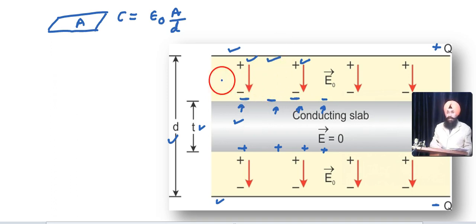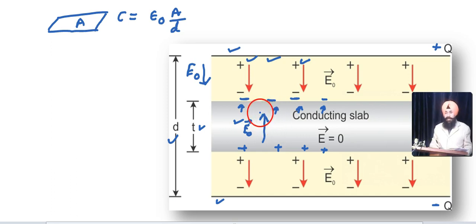If the external field, positive to negative, is E naught, then another field develops inside the conducting slab, positive to negative, and the magnitude of the charge which accumulates here is such that the internal field will also be of the same magnitude, E naught, but opposite in direction, like this.